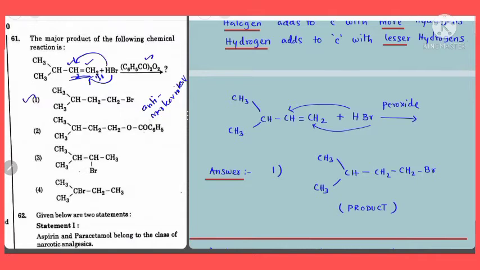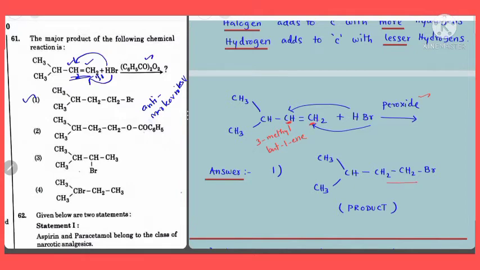So this is the product you get when 3-methylbut-1-ene reacts with hydrogen bromide in presence of benzoyl peroxide. It follows the anti-Markovnikov reaction, and Br is added to the terminal carbon and hydrogen is added to the next carbon.